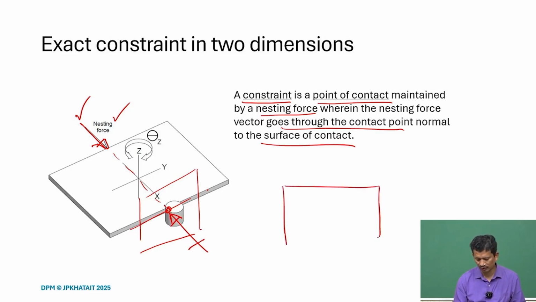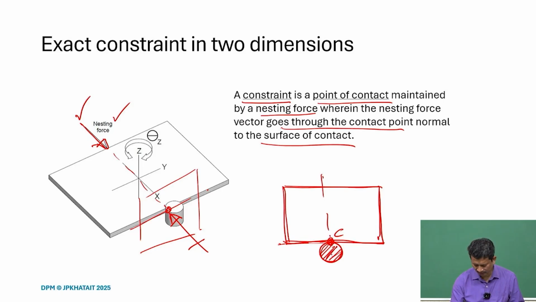So, if we just rotate it and try to see, if this is the plate we are talking about, and suppose this is the post which is fixed to the base, this is the contact point we are talking about, say C. In this case, the tangent plane is passing through the contact point, and the normal to this is the constraint line, and this is your nesting force, we call it, and this will be the constraint, and this will be the reaction force.